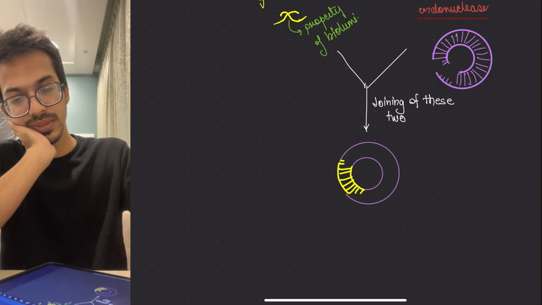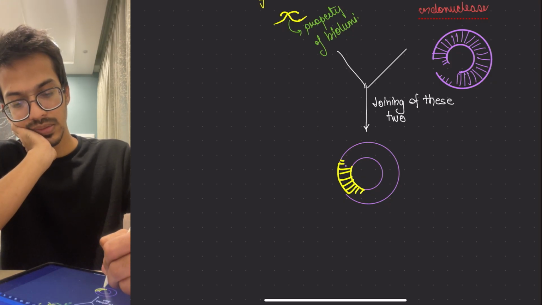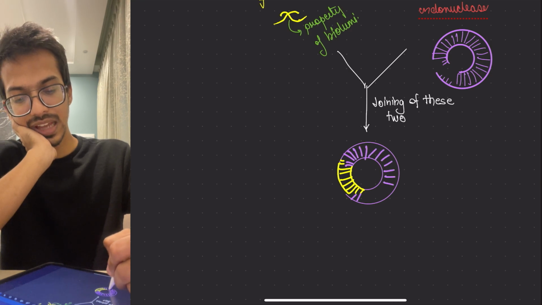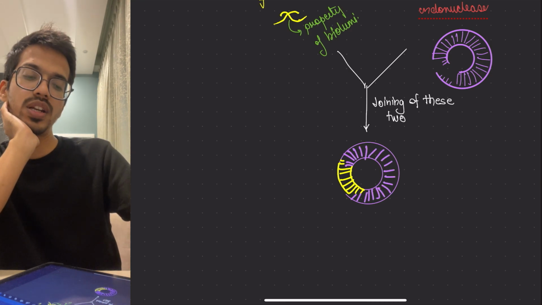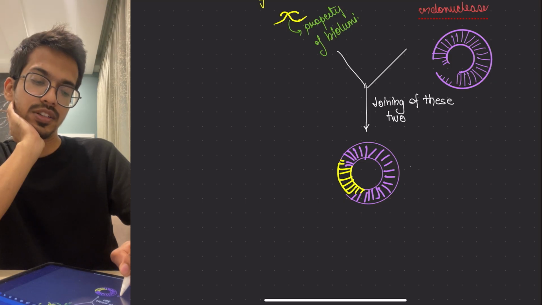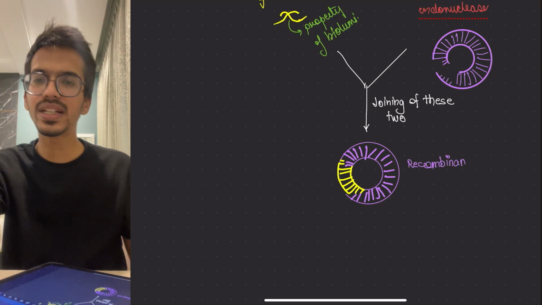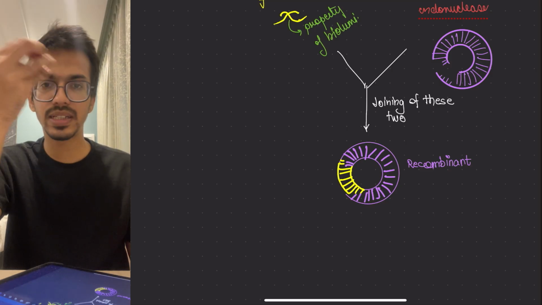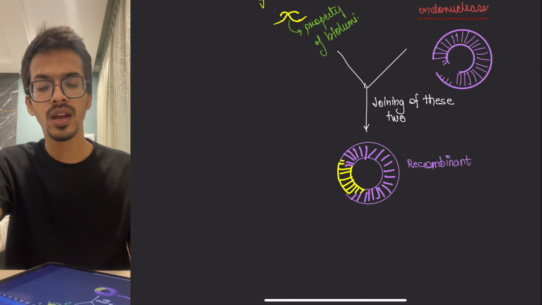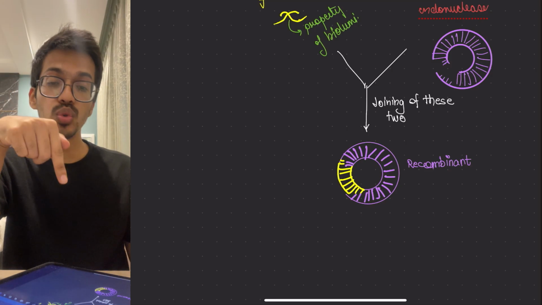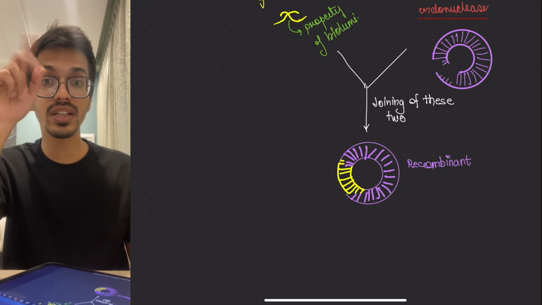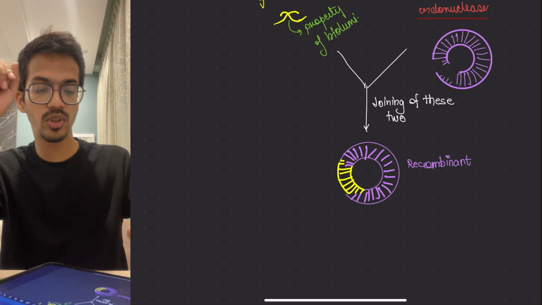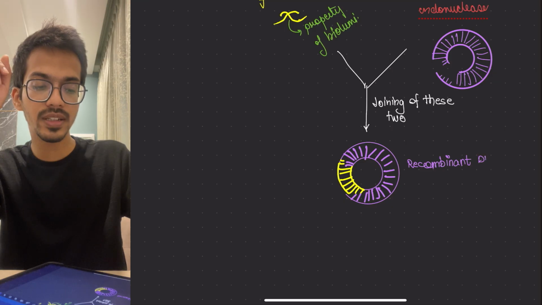Can you see this? The thing that has been made is called recombinant DNA, because the plasmid is a vector DNA, a stretch of DNA only. But since it has taken the new thing, the yellow color thing, which gives the feature of bioluminescence, this becomes recombinant DNA, or recombinant vector DNA.